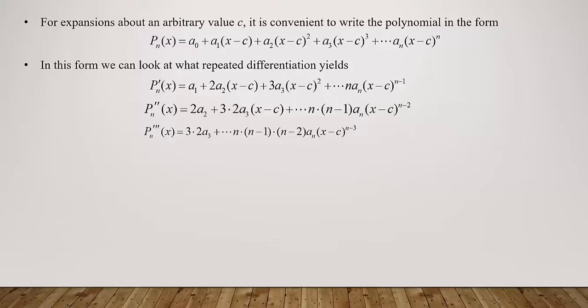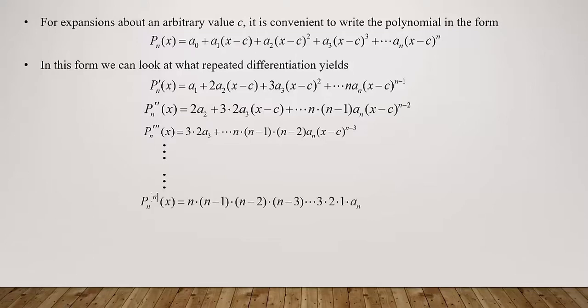And to get on with it, I'm going to put in some vertical yada yada yadas and jump all the way down to the nth derivative. If this polynomial were a polynomial of degree 8, n is 8, we would be looking at the 8th derivative, the nth derivative.